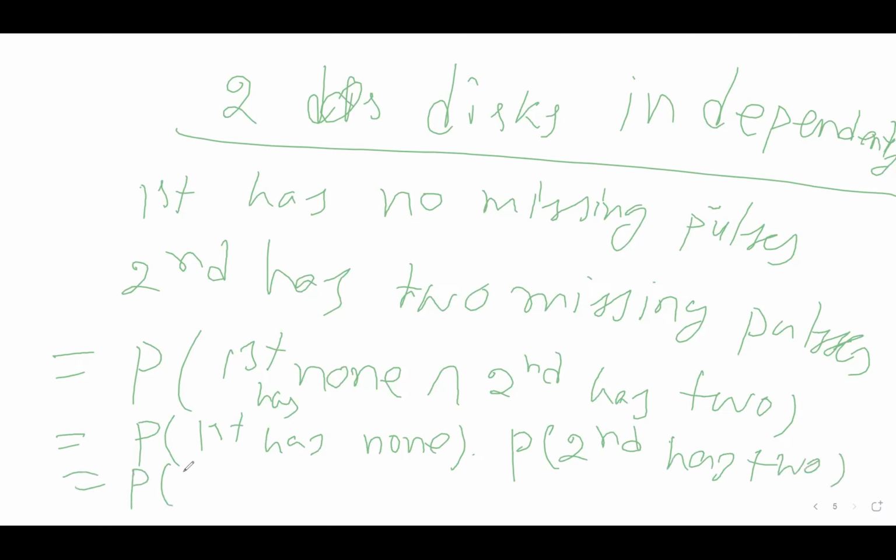This will be the probability of x equals 0 times the probability of x equals 2. Now you can use the Poisson PDF function to find each probability and multiply them to get the result. So I'll stop here today.